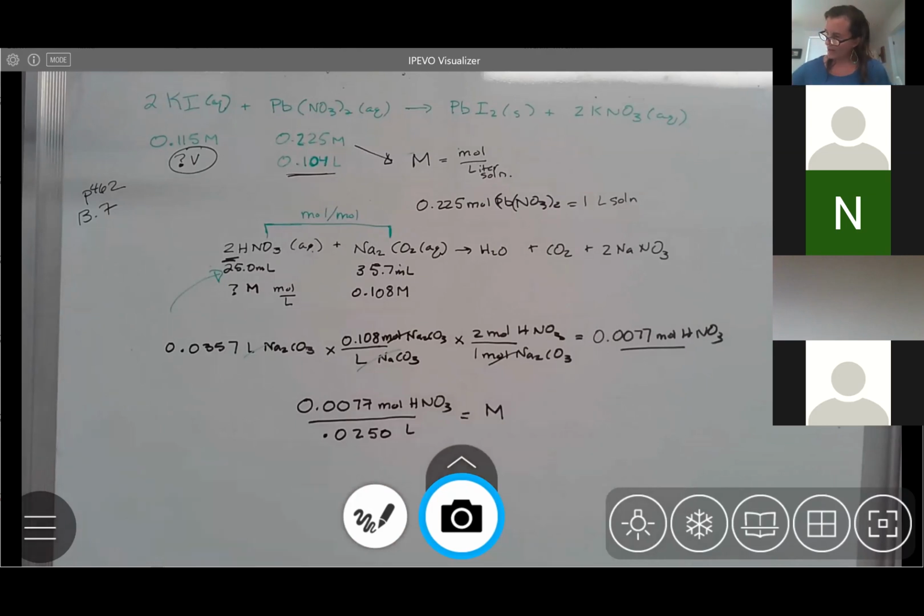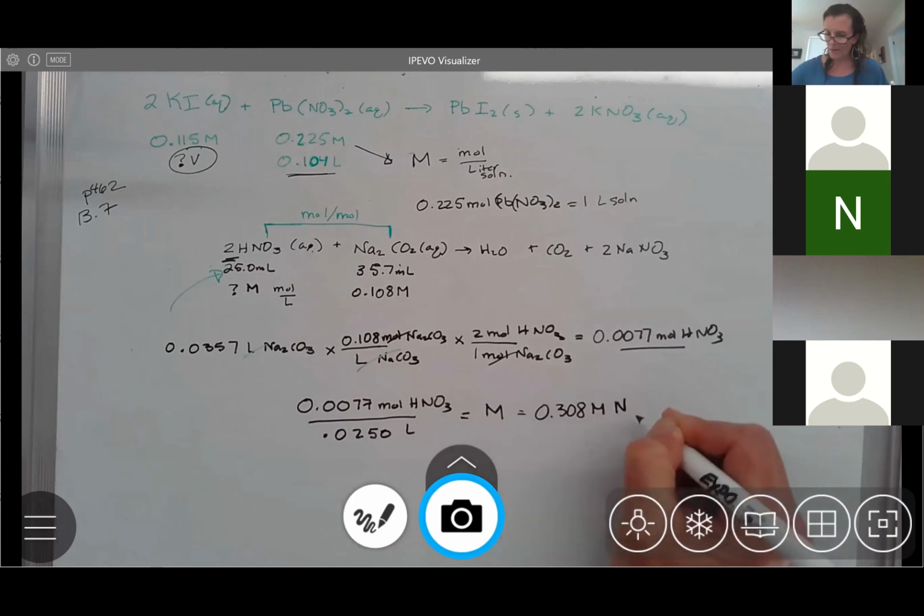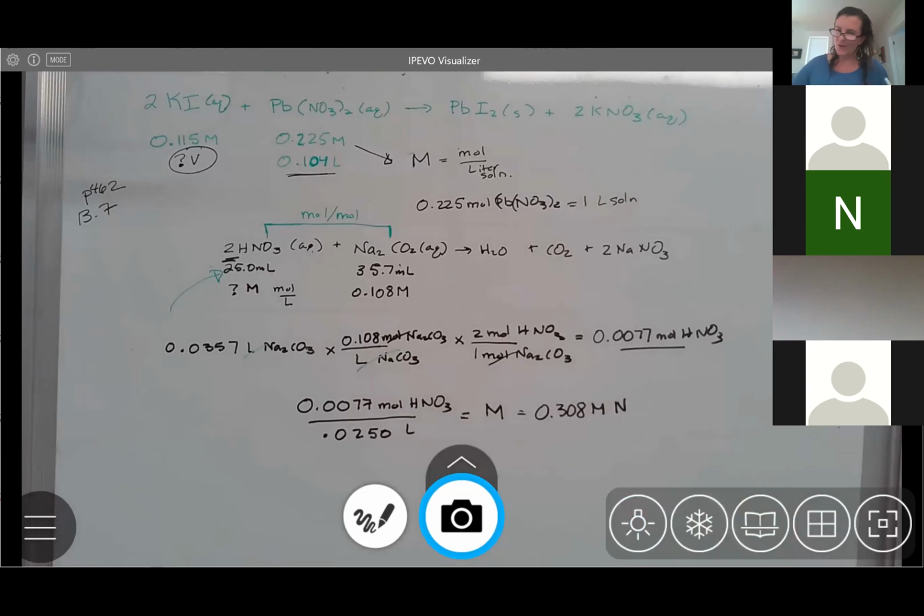And I get 0.308 molar. No, where am I? Yeah, correct. That's nitric acid. Well, that's good. Once I got to the right problem.